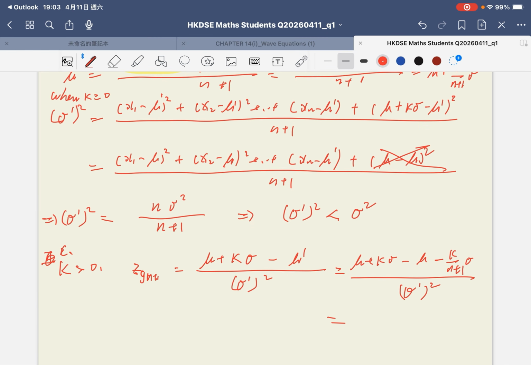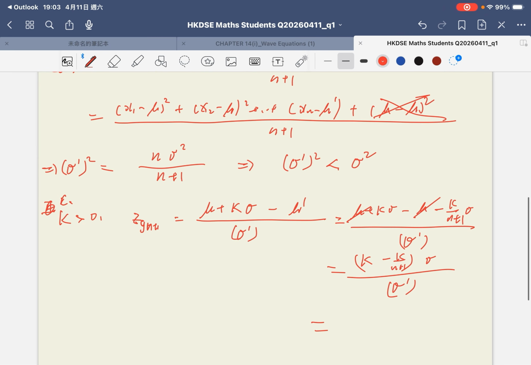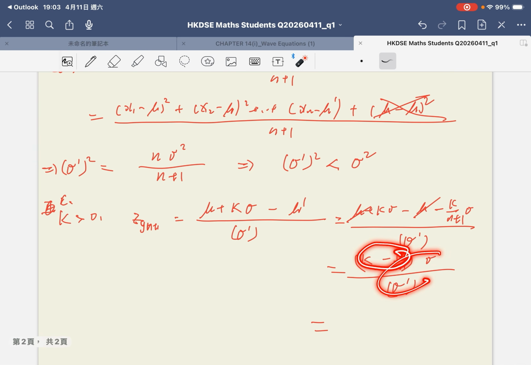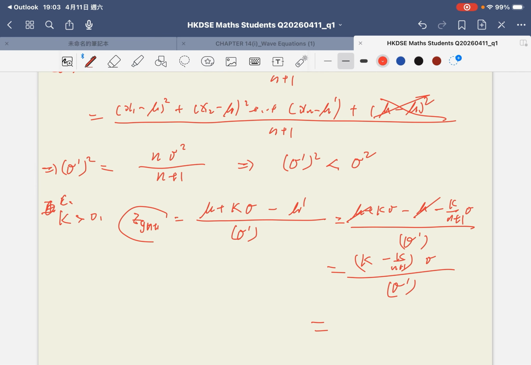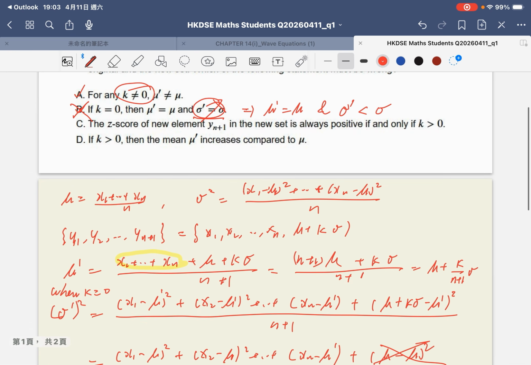You can see that this is less than k, but it must be positive. If k is positive, that should be all positive. Then the standard score of yn plus 1 should always be positive. Therefore, this must be true.